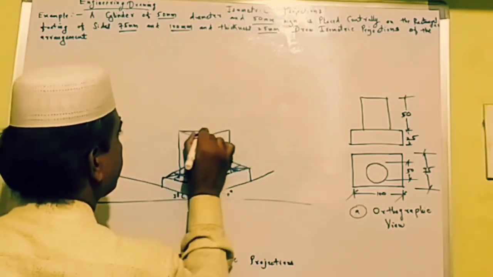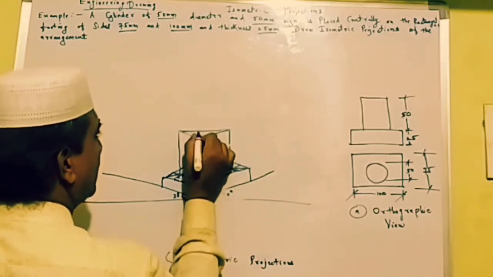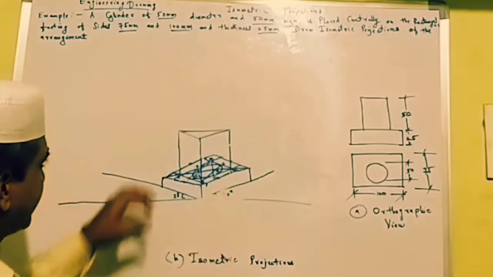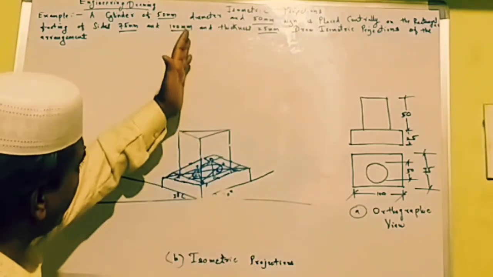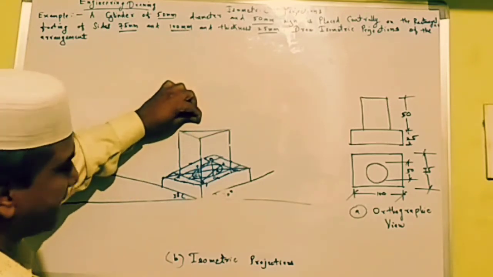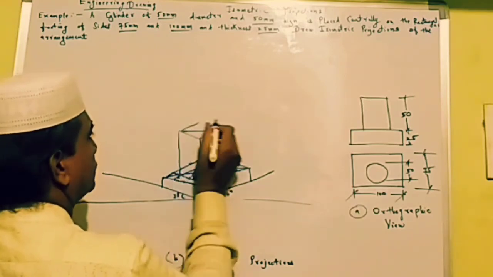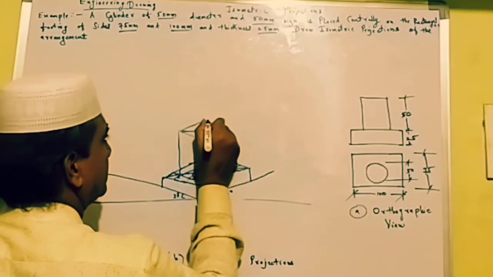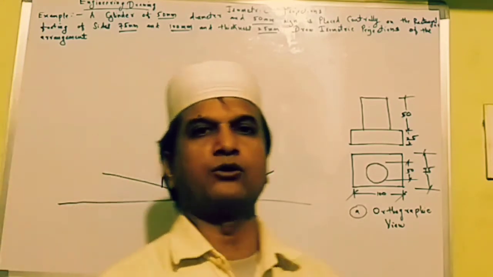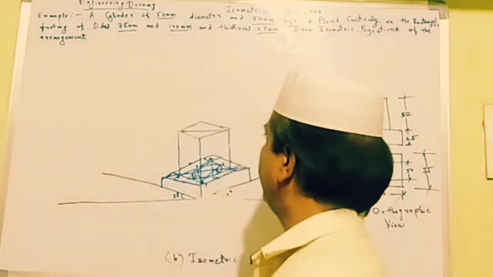We have to measure the distance and mark it on this imaginary vertical line, whatever distance we get. Now we have to join like this. Once again we have to draw a diameter, so we have to follow the 4 center method.